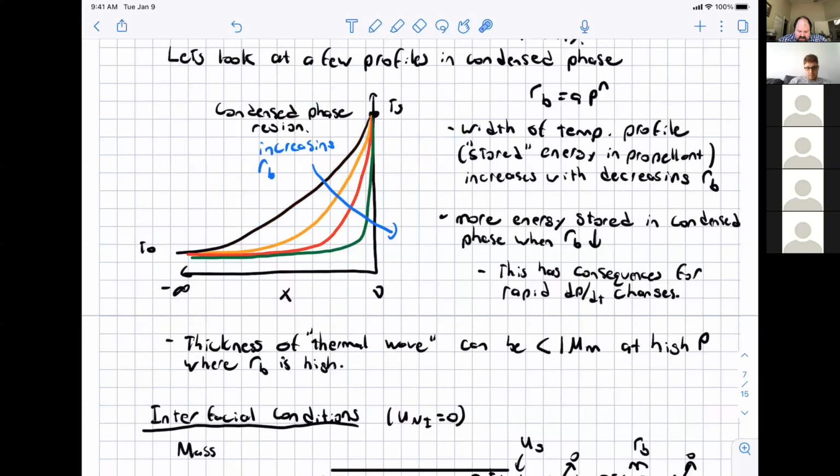Okay, and note that I drew these really fat, but at high pressures, at normal operating pressures for a rocket or a gun system or tactical missile, the thickness of the thermal wave can be on the order of or less than even 1 micrometer at high pressures when the burning rate is high. So these structures here are extremely thin.